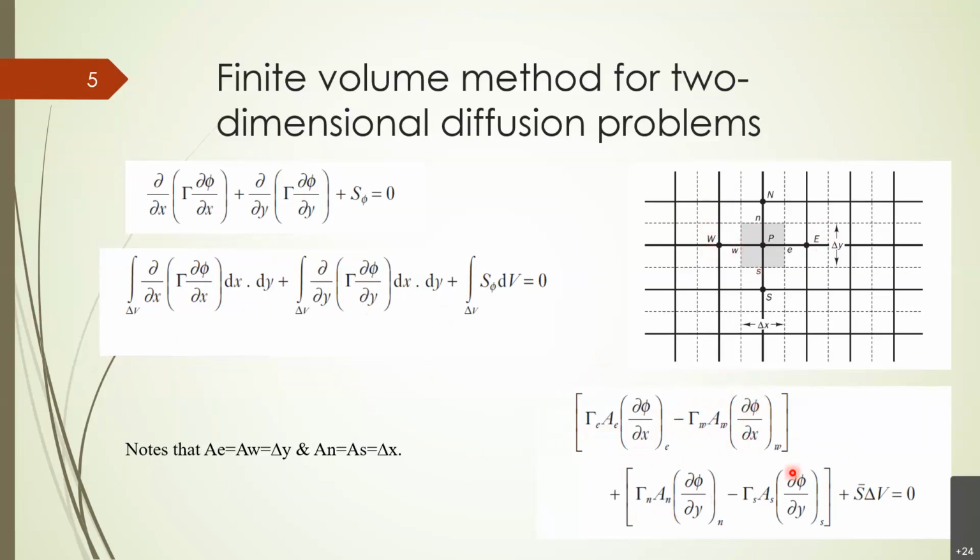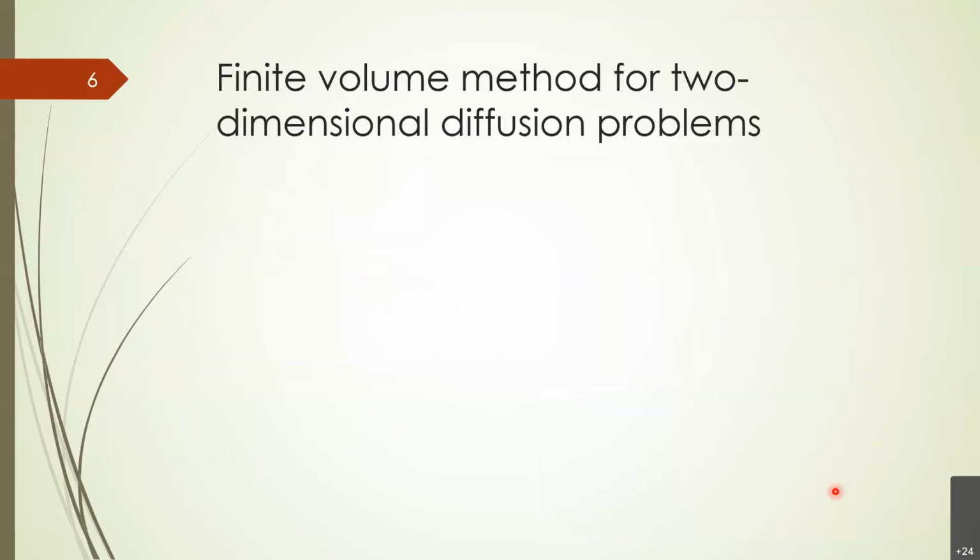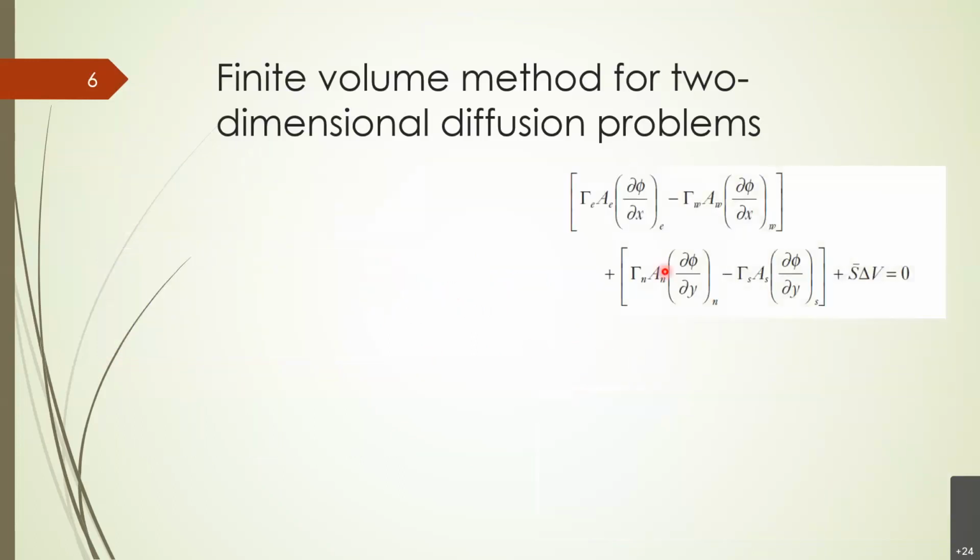The same thing for the y direction: Γn An ∂θ/∂y for the n point, minus Γs As ∂θ/∂y for the s point, plus the same thing that we had in the one dimension, S̄ΔV equal to 0. So this is our equation that we got just right now.